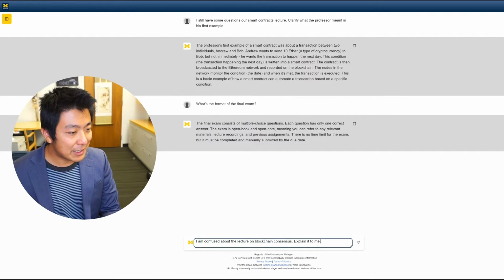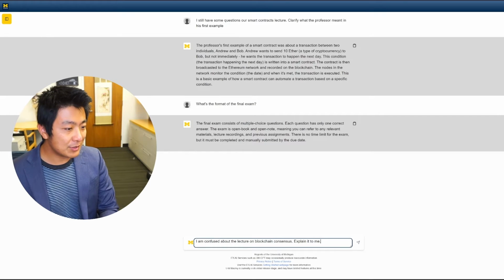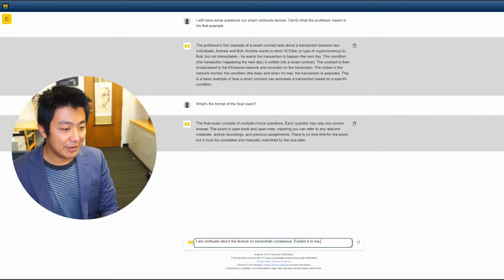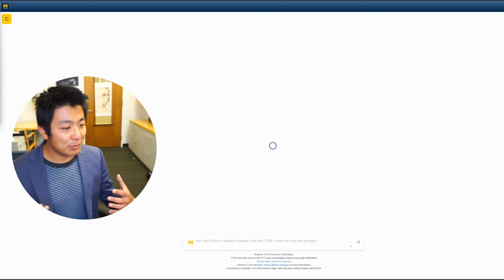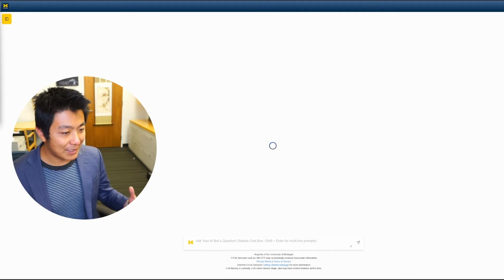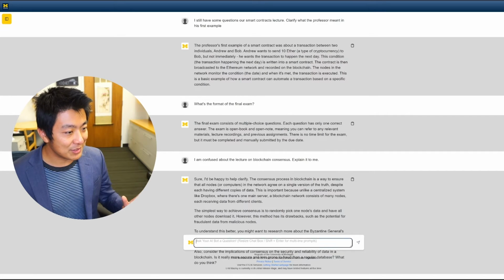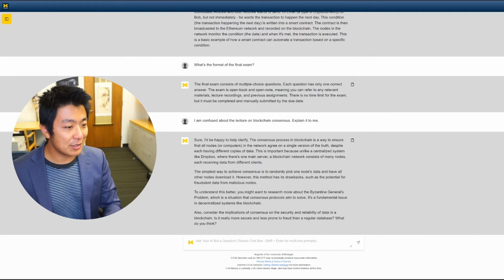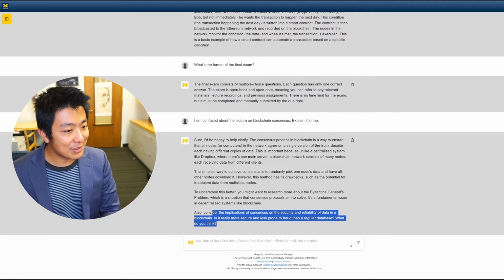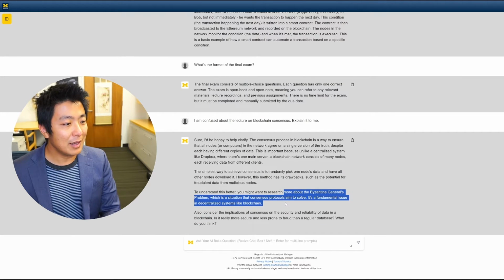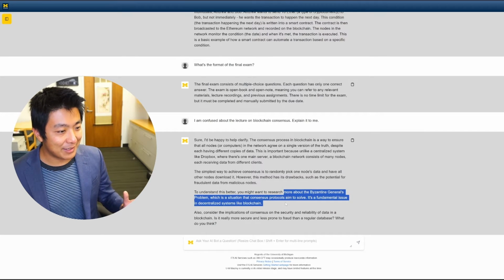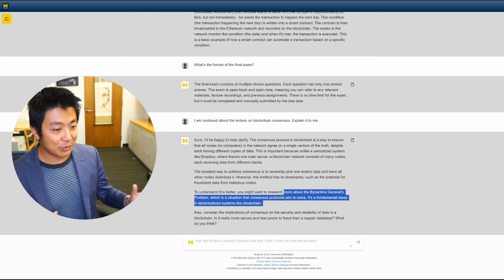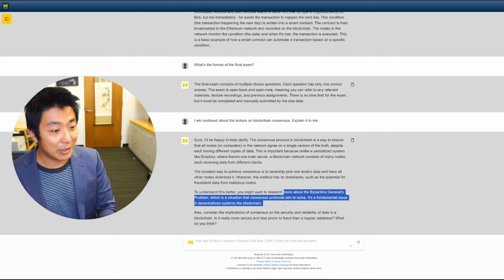For instance, instead of giving a direct answer, when a student is confused about a broad, generic concept, like in this case, the concept of blockchain consensus, you can instruct Maizey to not only explain the concept, but also provide additional related materials and topics from your course and nudge the student to explore further using these resources. In other words, you can easily program Maizey in a way that not only addresses student questions, but also enhances their learning experience and encourages further learning as well.